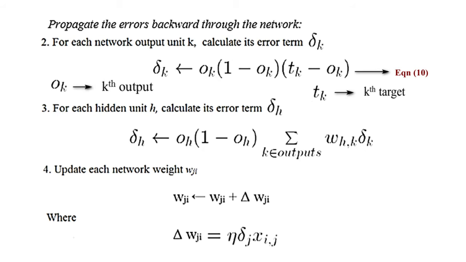For each network output unit k, calculate its error term delta k.